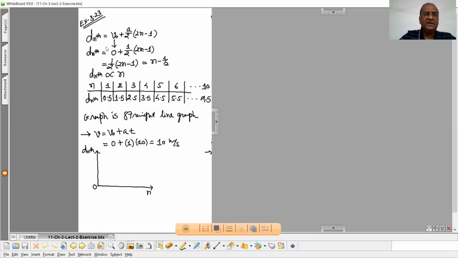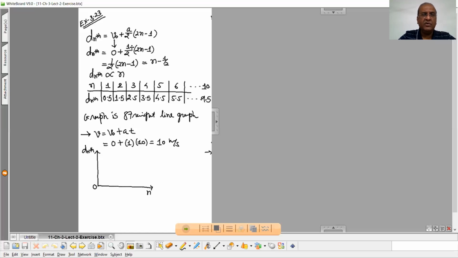Distance traveled in nth second. For that we have the equation, that is v0 plus a by 2 into 2n minus 1. Here it starts from rest, means initial velocity is 0, acceleration is 1 meter per second square.